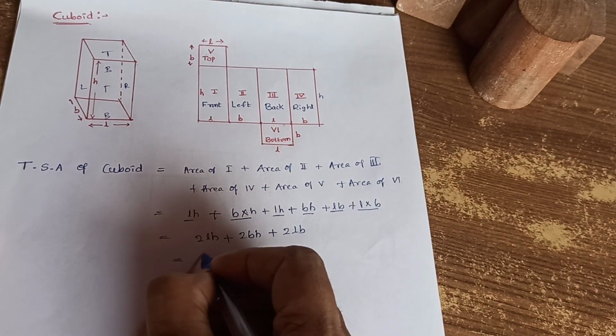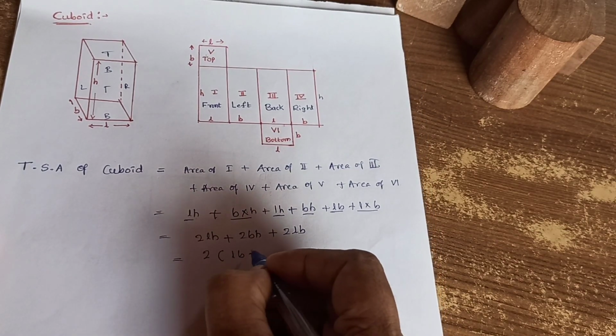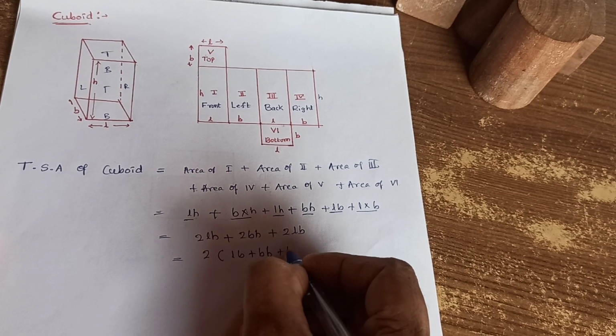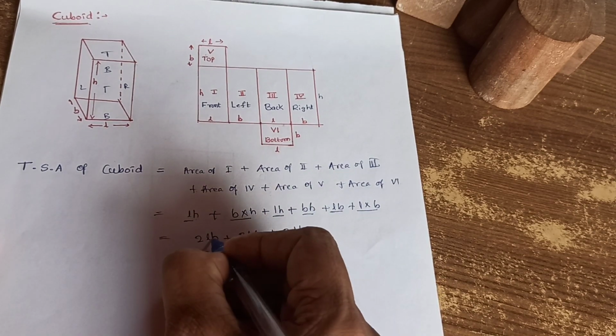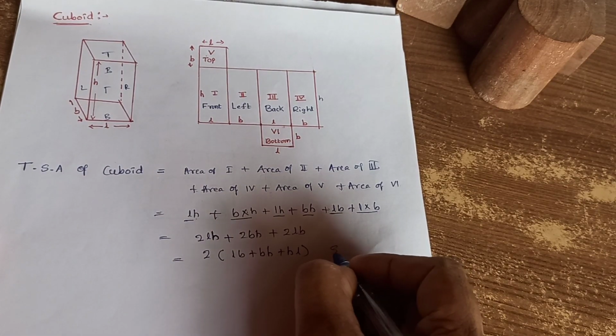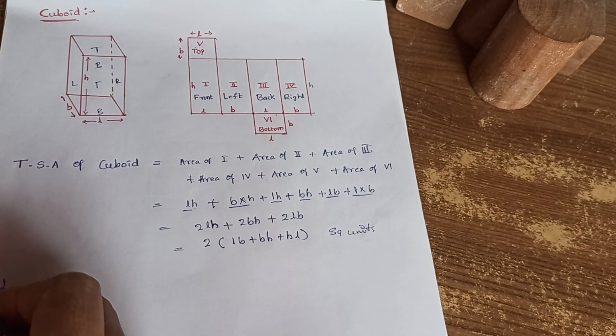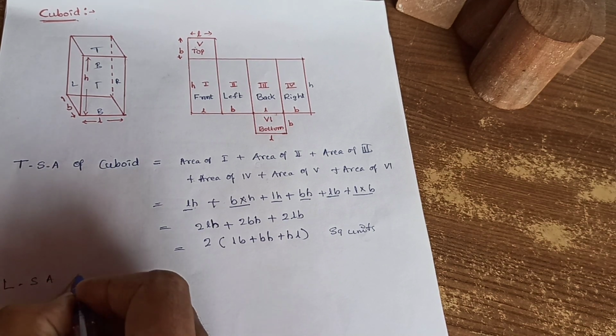Taking common, 2 into bracket LB plus BH plus HL. This is LH or HL, same. Square units.